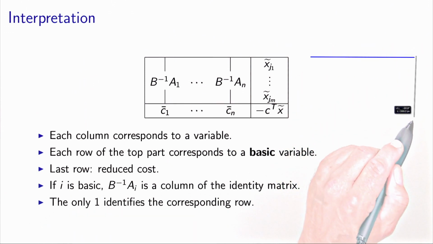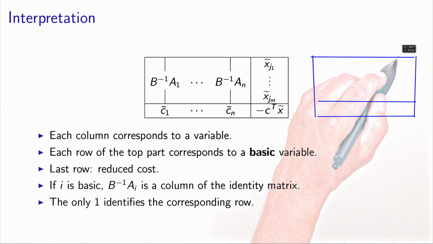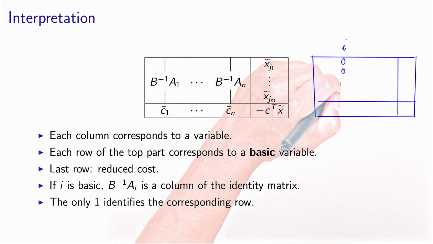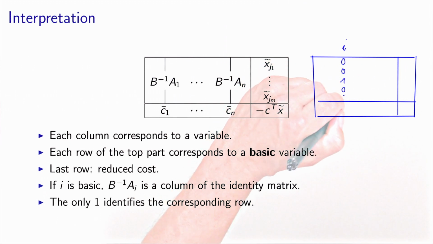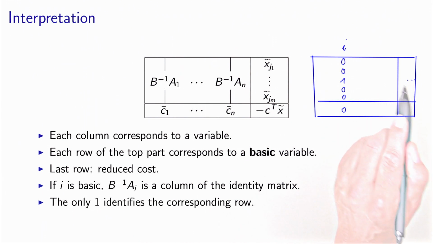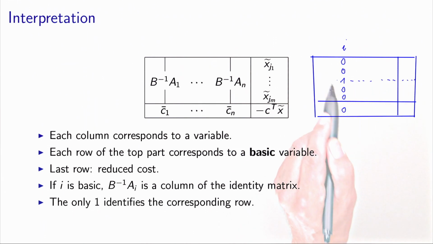So this column of the identity matrix for variable i, which is in the basis, will contain all 0 and one 1. Actually, we know that the reduced cost for variables that are in the basis is 0. So we have really a 0 everywhere except at that point. This is very useful because this will help us to identify which row is associated with this variable i.